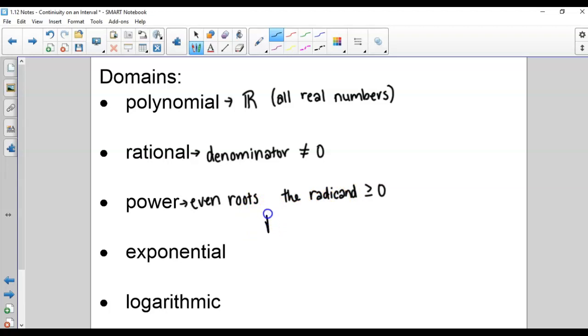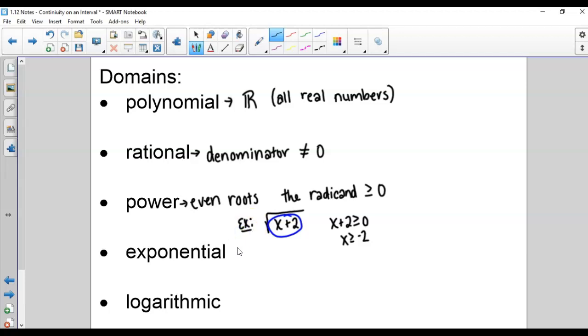So, for example, if I have x plus the square root of x plus 2, then my radicand is x plus 2. For my domain, x plus 2 has to be greater than or equal to 0. Or, if I move the 2 over, x is greater than or equal to negative 2. So that's an example.